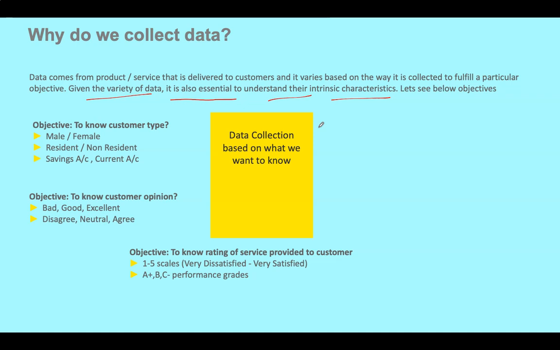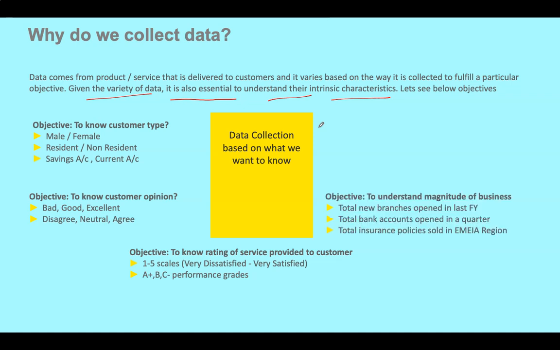It can be for scaling satisfaction on a 1 to 5 scale, performance grading, or objectives to understand the magnitude of business, like what we have done in the last financial year, total bank accounts opened in this quarter, total insurance policies sold, and also to understand the dynamics of business. So based on our requirement, we collect the data. Okay.